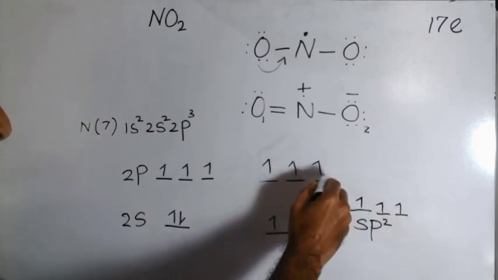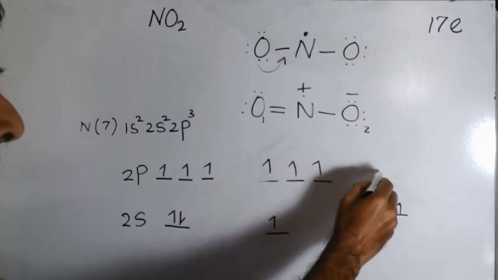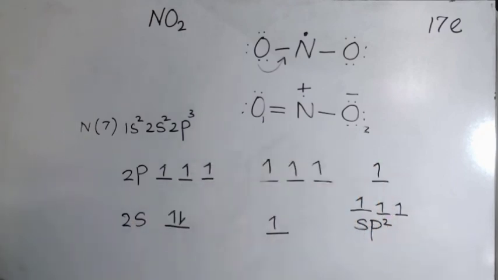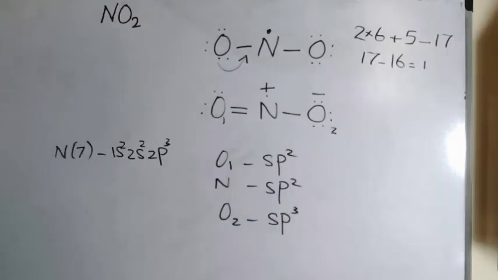So 1 electron remaining in the p orbital is used to create the pi bond. So this is the final result. Oxygen atom number 1 and the nitrogen atom have sp2 hybridization. Oxygen atom number 2 has sp3 hybridization.